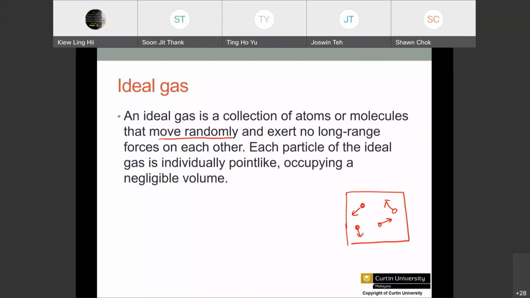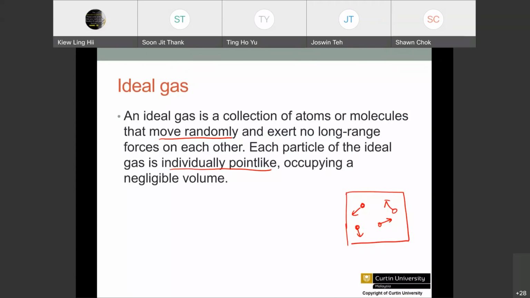So they are freely moving and independent of each other. They can be seen as particles that are individually point-like. So there are no forces between each other. When you learned in your chemistry, there could be different types of forces, van der Waals or whatsoever. That kind of force does not exist in an ideal gas.